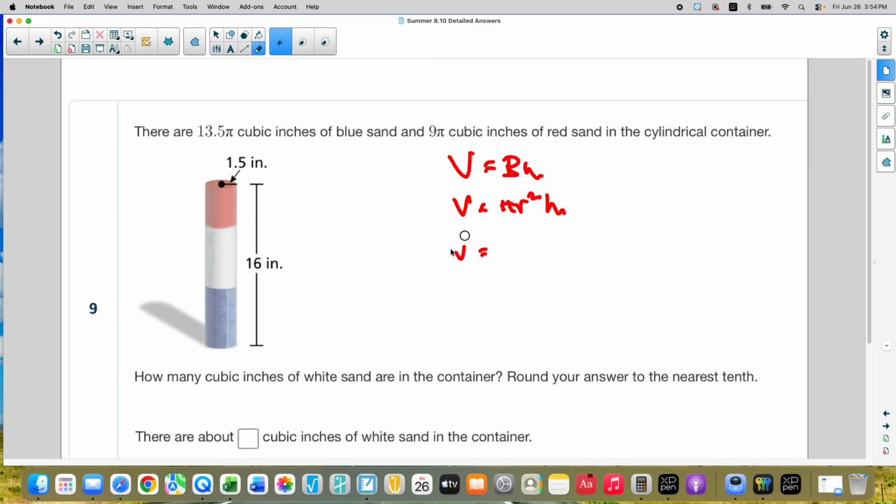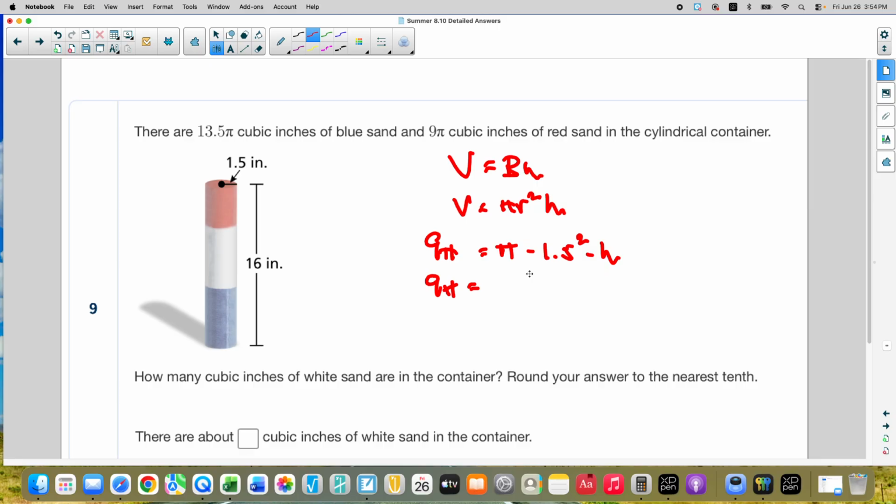So I know what the volume is. I know the volume of the red is 9 pi. And the radius is 1.5. So we have pi times 1.5 squared times the height. So 9 pi equals 1.5 squared, what did we say? 2.25?